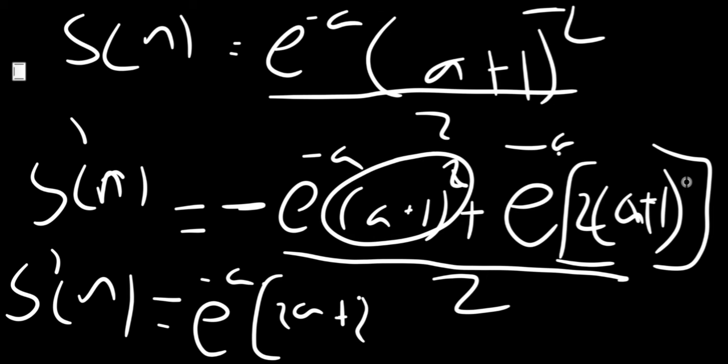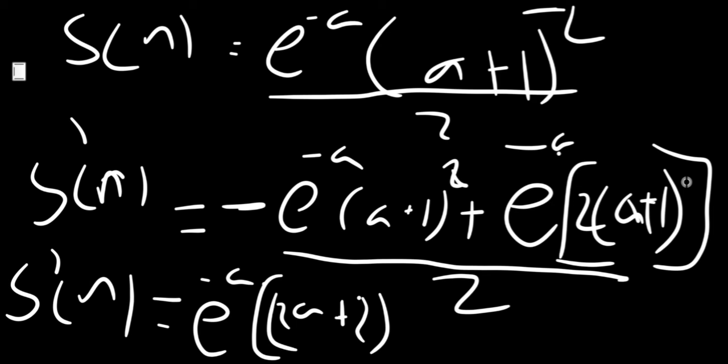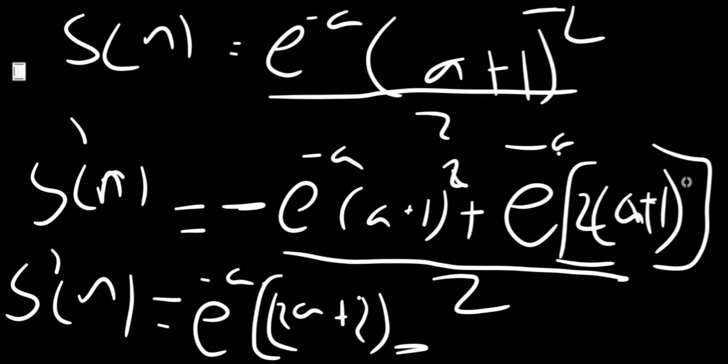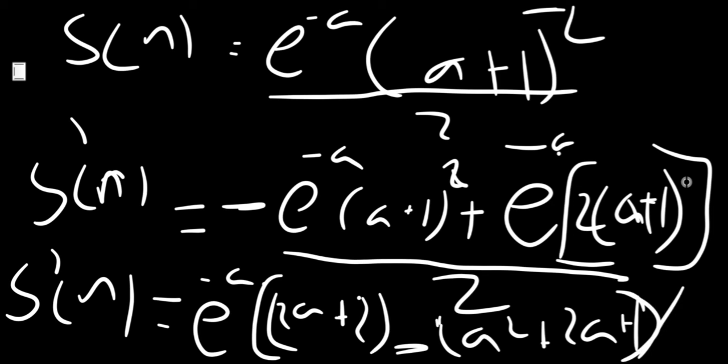Now the other part: minus, remember the minus sign, (a plus 1) squared, which is a squared plus 2a plus 1, all this divided by 2.